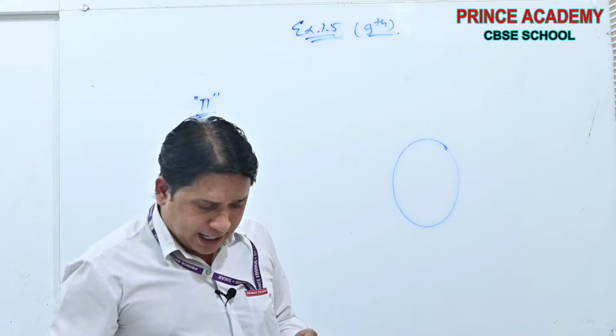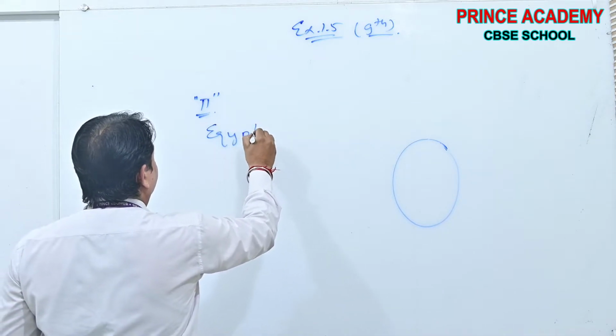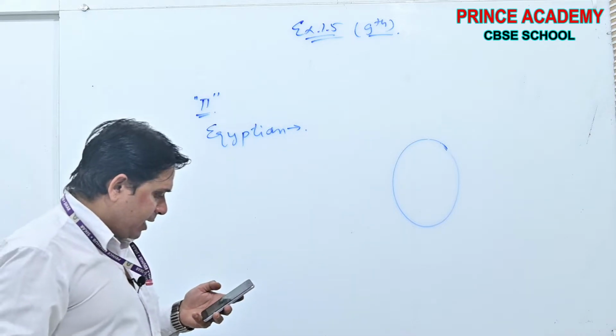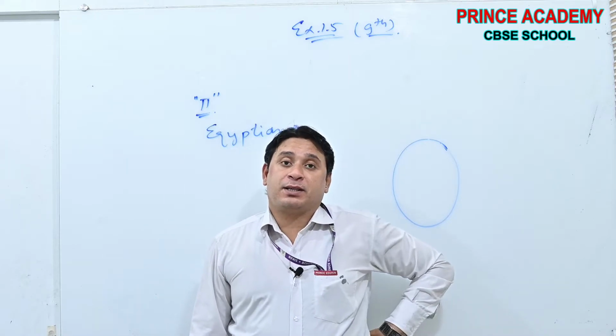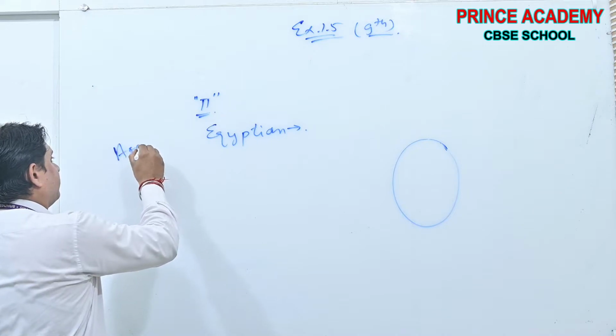At the same time, one Egyptian, Archimedes. What is the name? Archimedes.